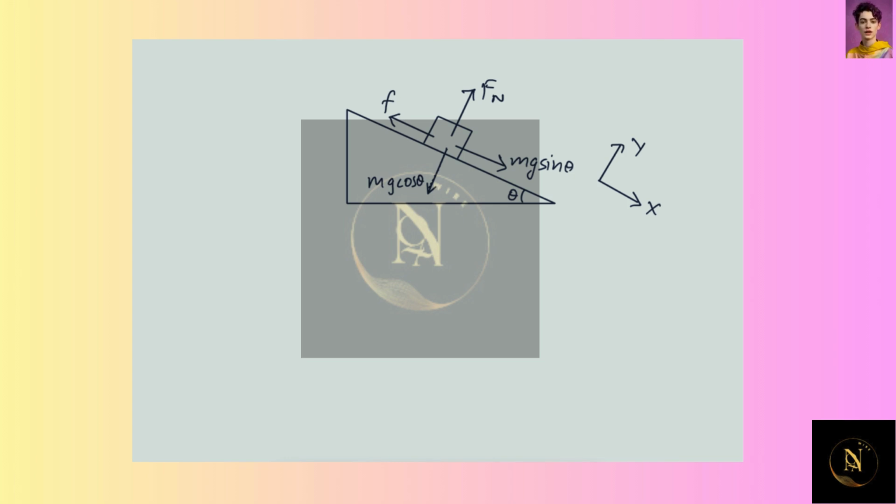So along the y-axis we have equilibrium because there is no acceleration in the direction perpendicular to the ramp. In this direction we have the normal force and mg cos theta, and from equilibrium we have normal force along positive y-axis minus mg cos theta along negative y-axis equal to 0.